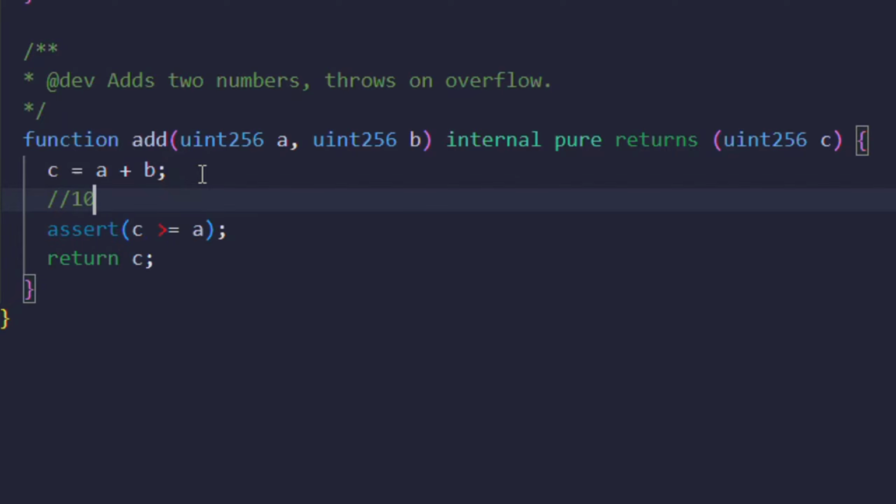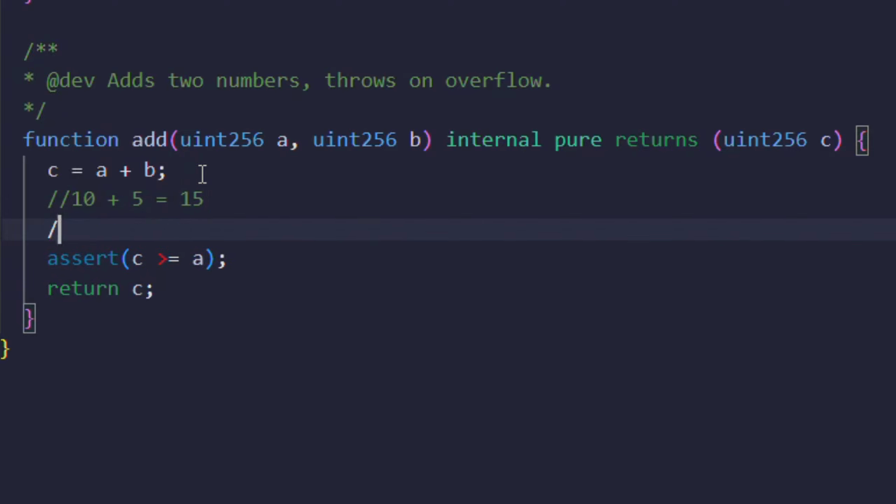Let's do 10 plus 5 equals 15, right? So 10 is going to be a, 5 is going to be b, and 15 is going to be c. So c must be greater than or equal to a. 15 must be greater than a always in your addition, because obviously your sum is always going to be greater than both your a and b.